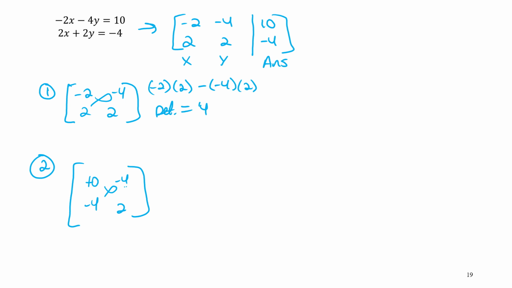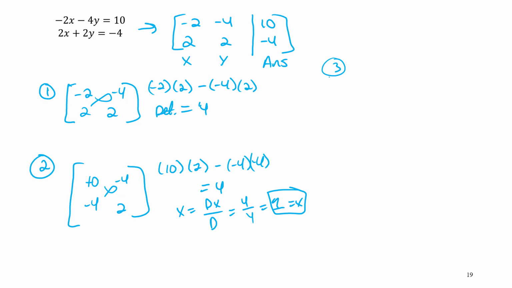Doing our fish, you get 10 times 2 minus -4 times -4, which would equal 4. And do what we did before for x equaling d of x over d. So we get 4 over 4, which is equal to 1.